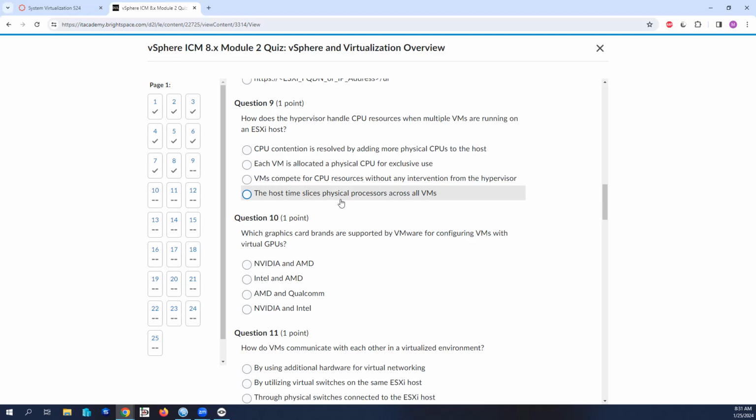We probably have time. Number 9, how does the hypervisor handle CPU resources when multiple VMs are running on an ESX host? It's probably not number 9 on yours. You probably search for CPU resources or handle CPU to find that question.